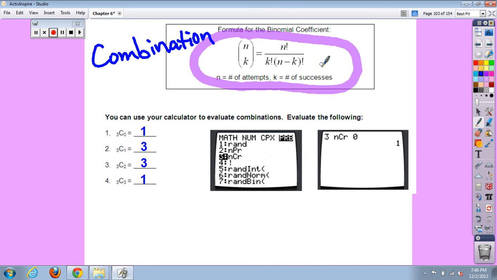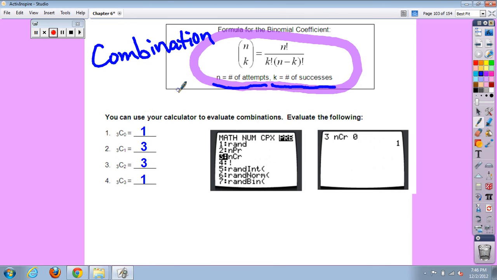In a combination, we have 2 parameters, 2 variables involved here. We have n, which is our total number of attempts. So for example, in our girl example, we wanted to have 3 children, so n was 3. And then k, our number of successes, could vary between 0, 1, 2, or 3.